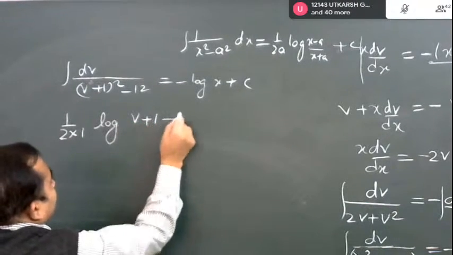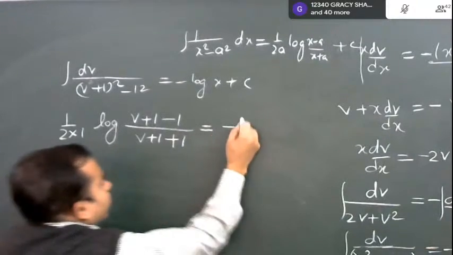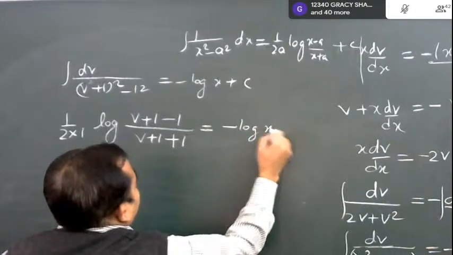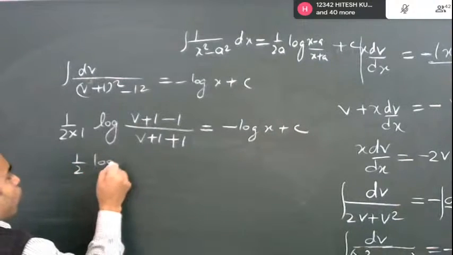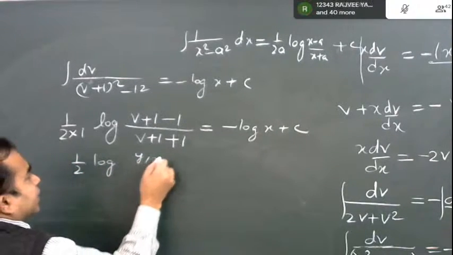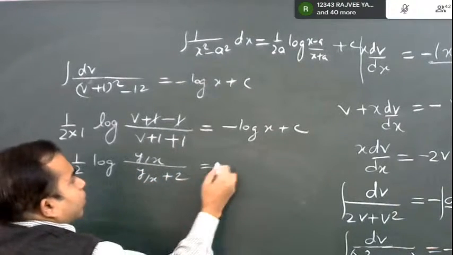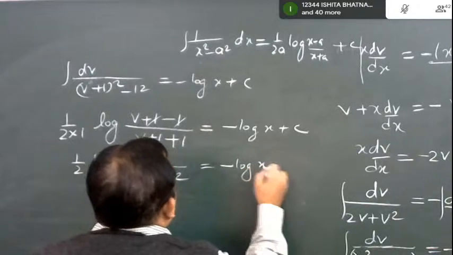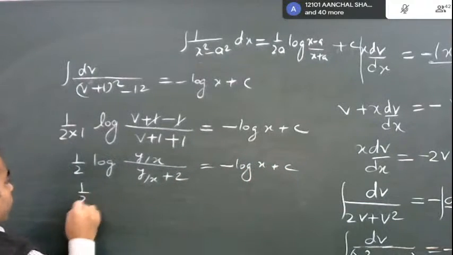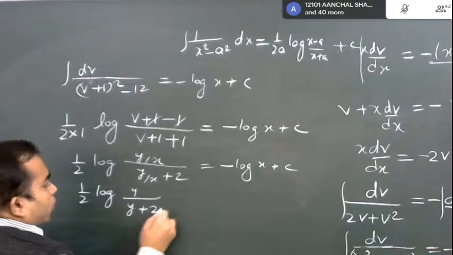So v plus 1 minus 1 whole upon v plus 1 plus 1 is equal to minus log x plus c. So this has become 1 upon 2 log, in place of v I am writing y upon x, 1 get cancelled, equal to minus log x plus c. One line more, after that I will put the values.